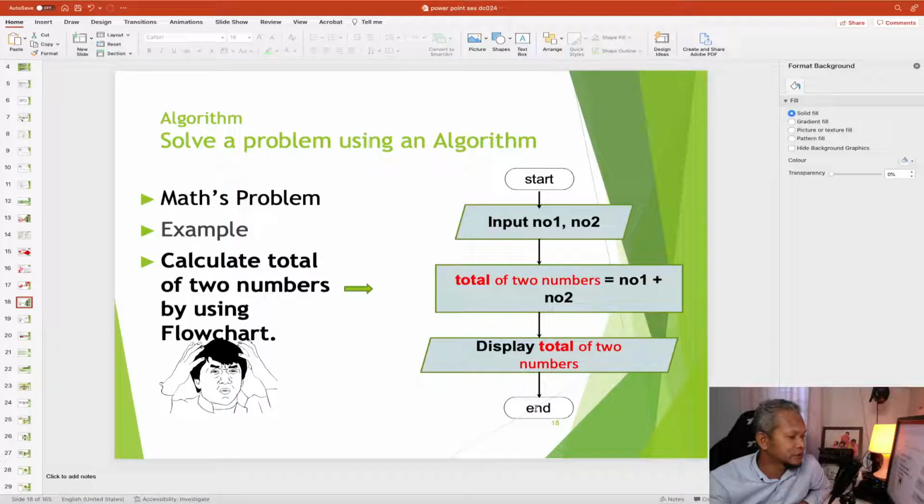So now we know the formula involved in this calculation, area of a rectangle. So now you can write down what is the input. Okay, the input is width and then height.